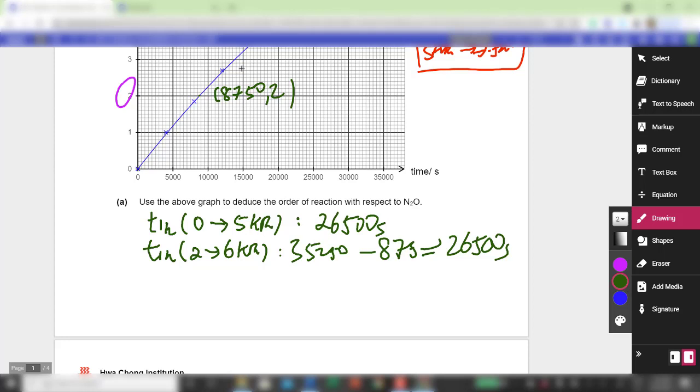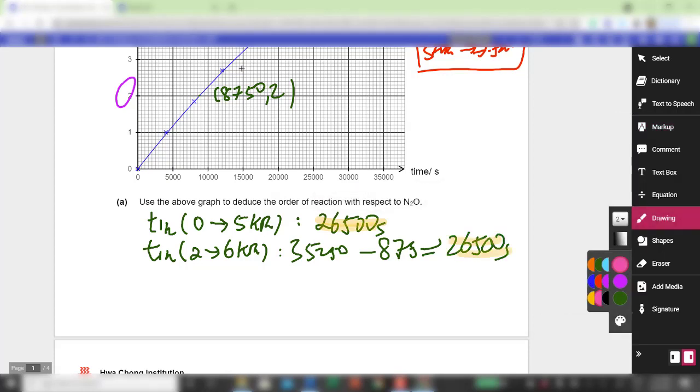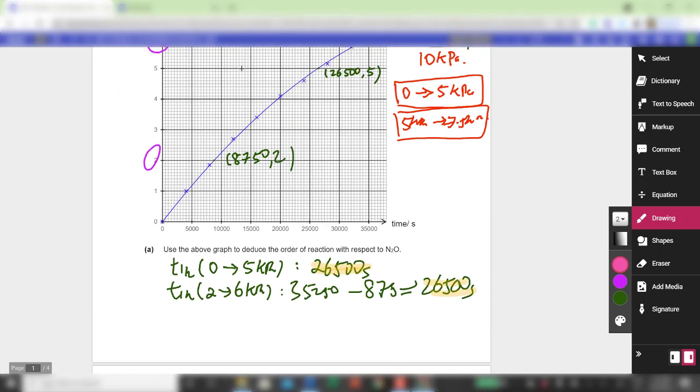That's excellent, because I'm actually getting a constant half-life. From here you can conclude it's first order kinetics, because the half-life is constant at 26,500 seconds.